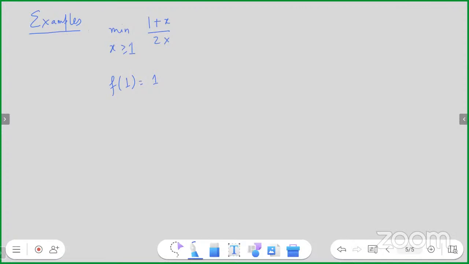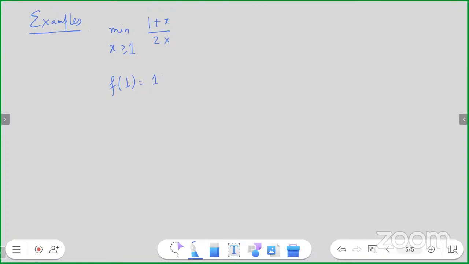So how can the minimum be 1? What's the answer? One by two?